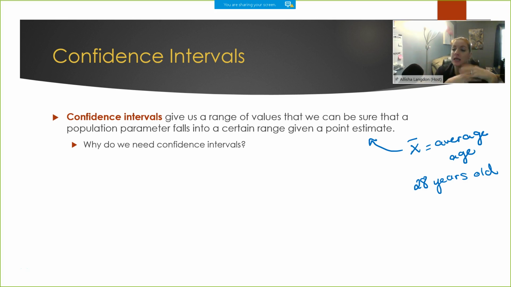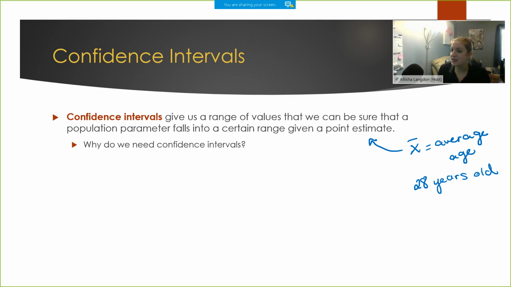Perhaps the average age for Rasmussen students is between 25 and 31, and I can be 95% sure that it is a value in between there. That's really what we're doing here. We're constructing intervals that let us be pretty sure that the population parameter we're trying to find, such as the average age of students, is within those values.